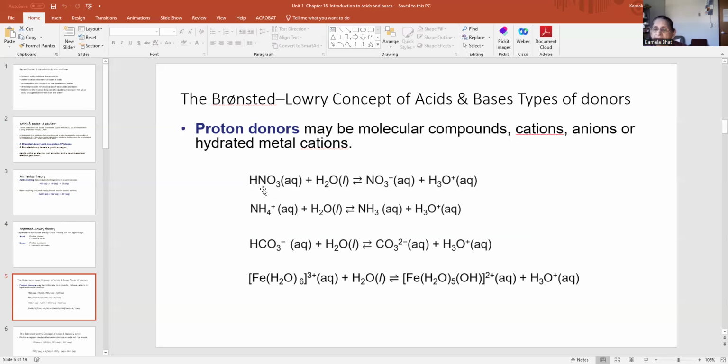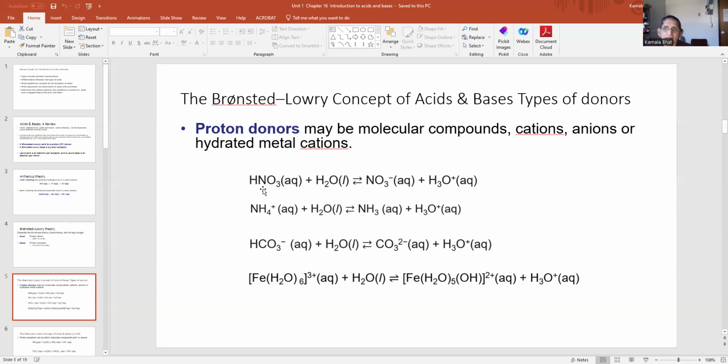The base and acid differ by one proton, H. Same thing when you look at H2O and H3O plus: H3O plus has one more hydrogen than H2O, and therefore H3O plus is the acid and H2O is the base. These conjugate pairs help us understand how the reaction goes.